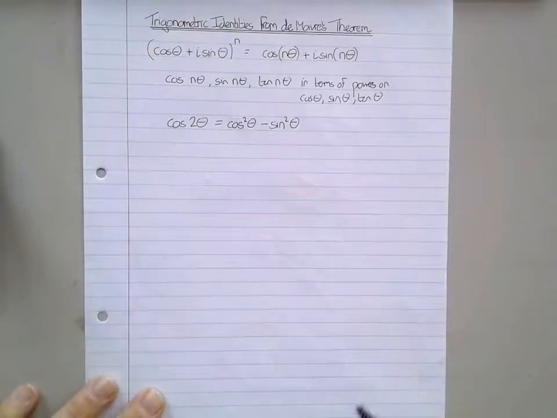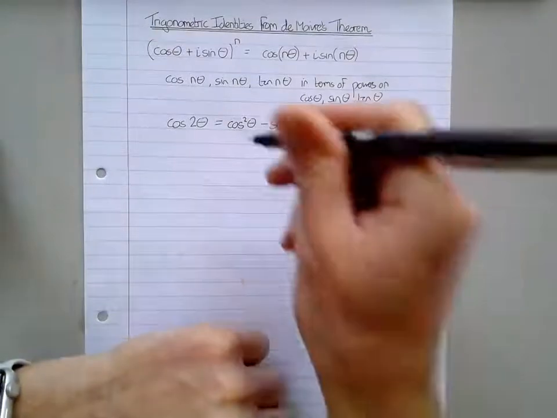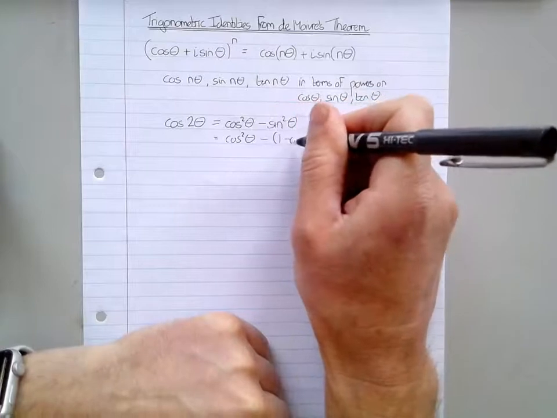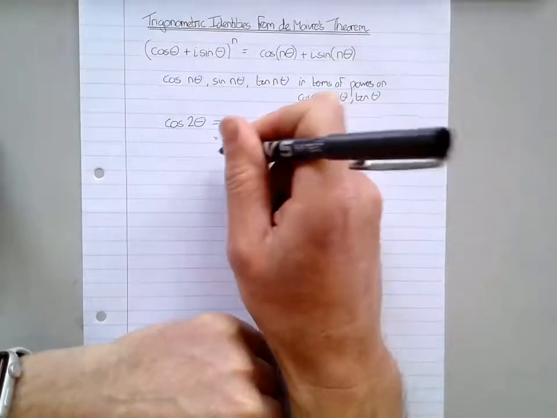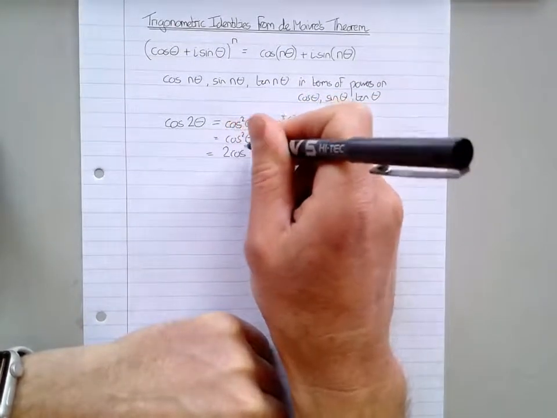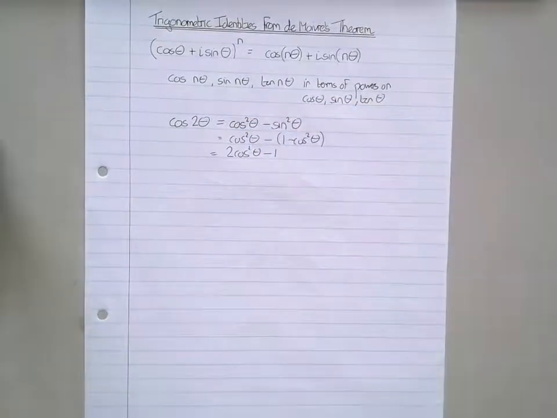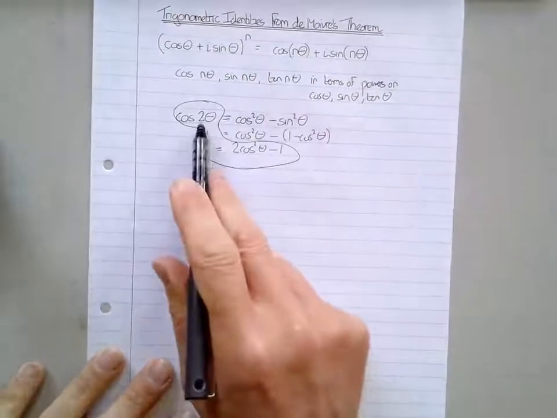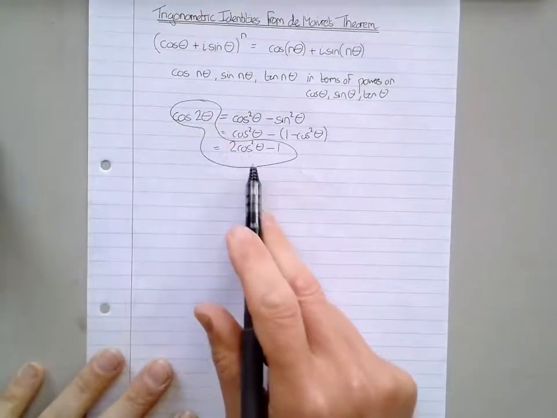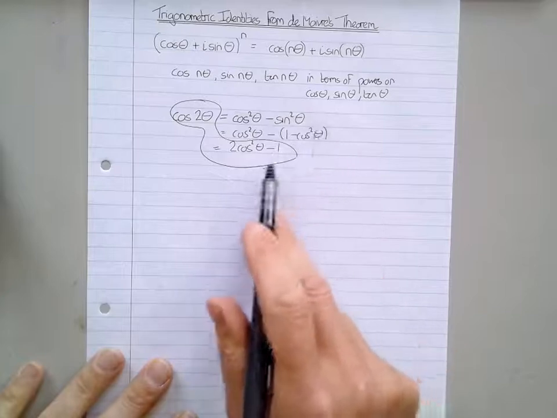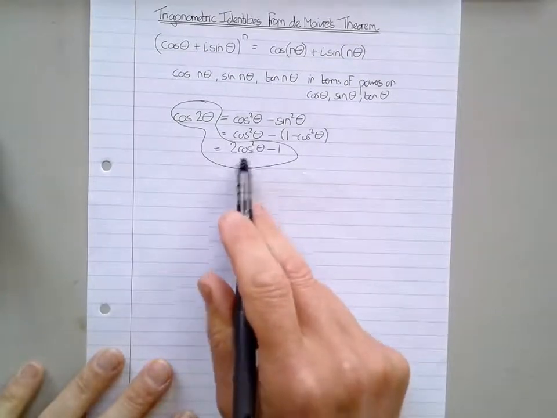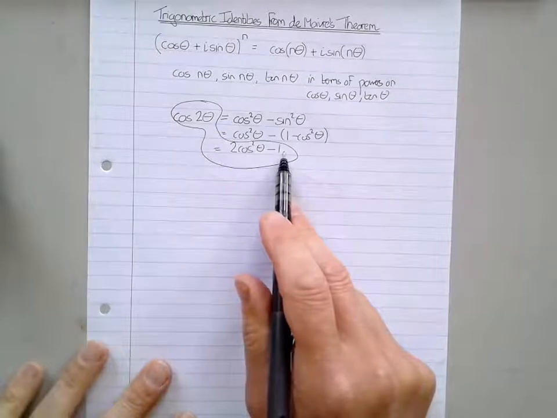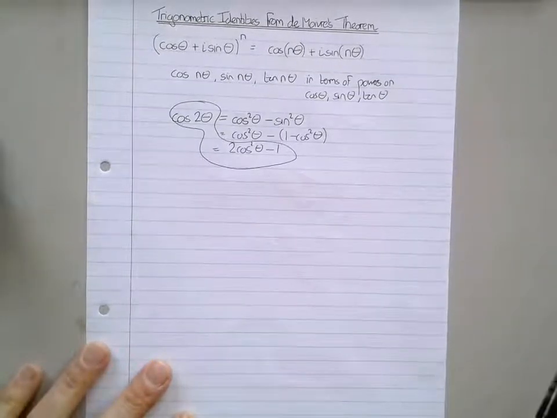If I replace sine squared with 1 minus cos squared, using another well-known identity, then I end up with 2 cos squared theta minus 1. And what I have just done is write cos n theta in terms of powers of cos theta. So this is a cos squared theta term, this is a cos to the 0 theta term, I suppose you could say. Anyway, you get the idea.